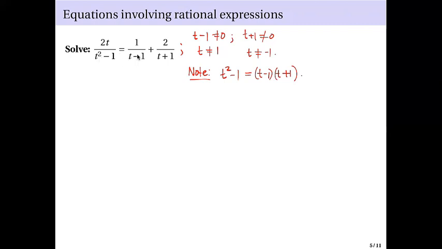You have t minus 1 for this, and you have t plus 1 for this. So you can easily see that the LCD for this is actually t squared minus 1.